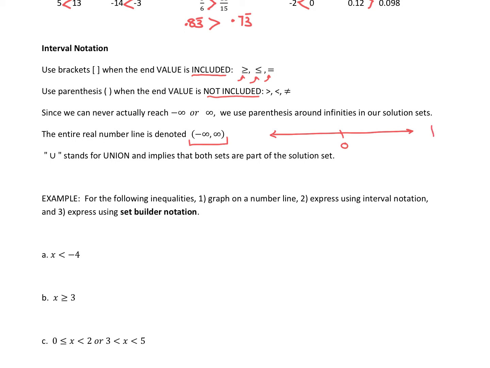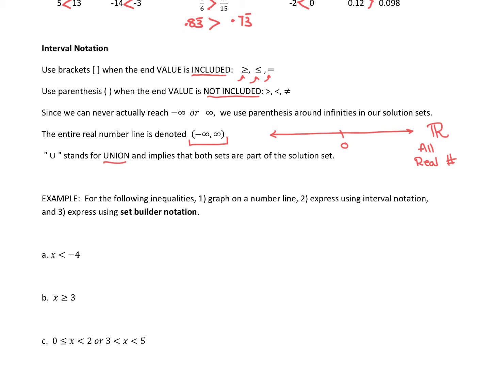Sometimes you will see this as this fancy R, which means all real numbers. The U symbol, no tail on the U, just a basic U, stands for union, and it implies that both sets are part of the solution set.